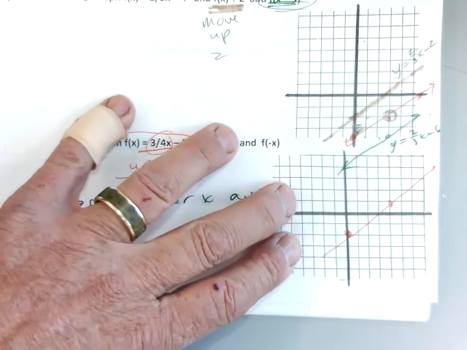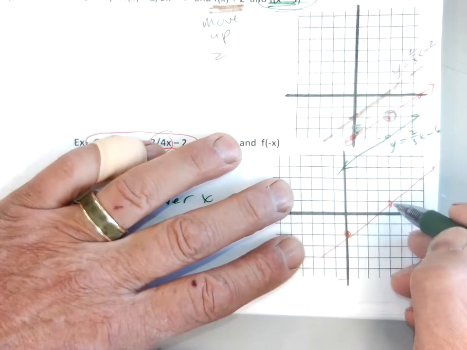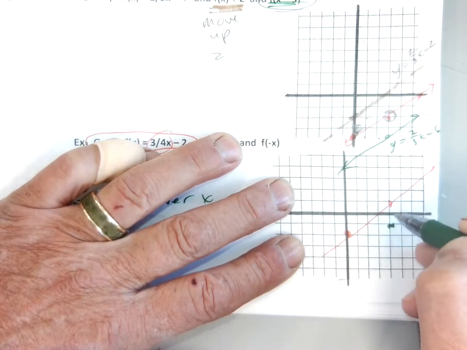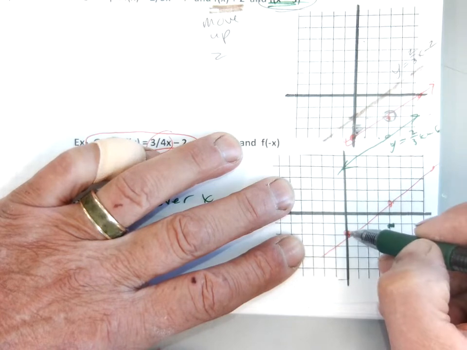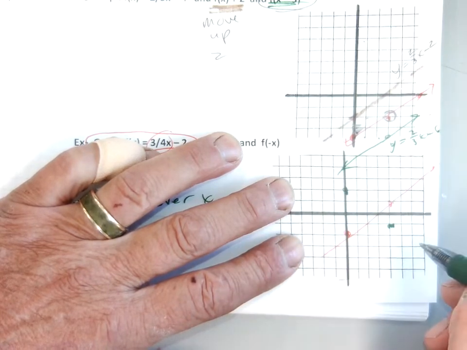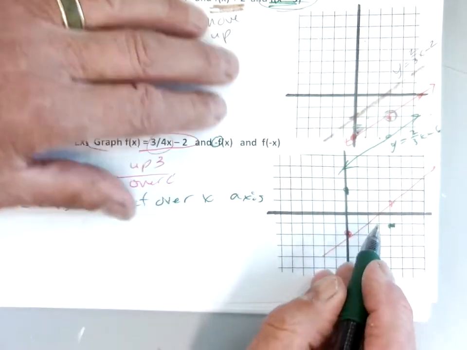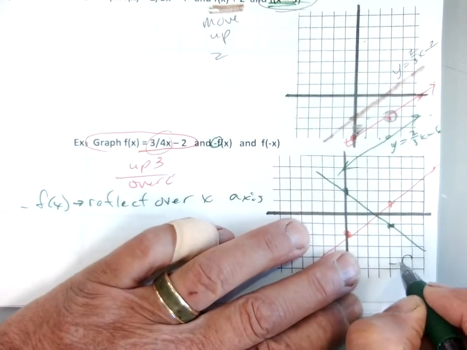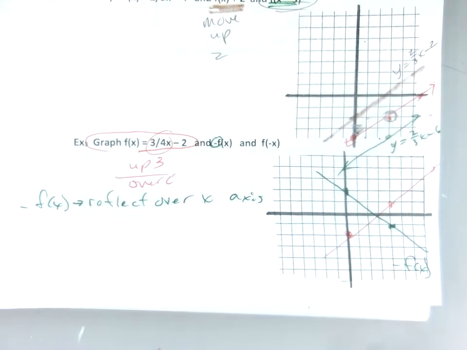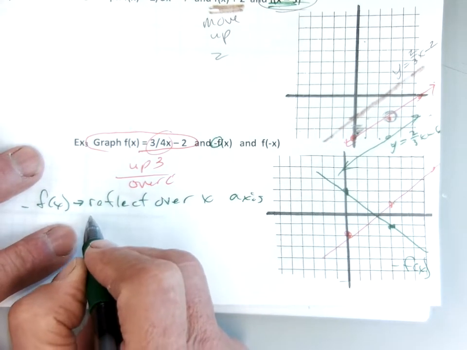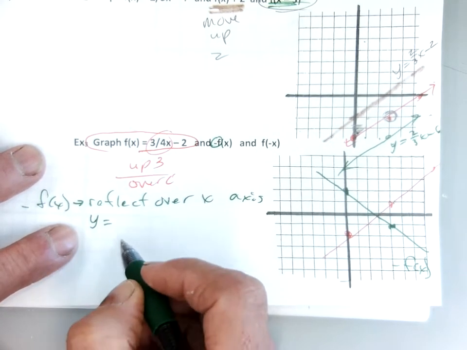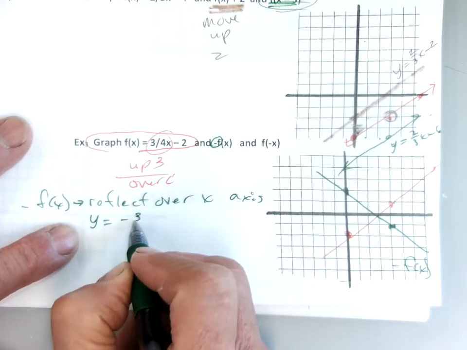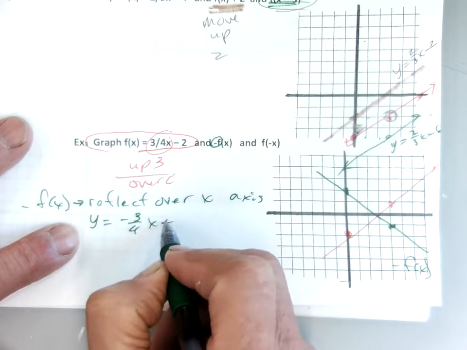So it would probably look like this. Everybody looking, this point right here would be there, wouldn't it? This point right here would be there. Can you see it? And I would just graph it in. That's my negative f of x. And the equation of that one would be y equals negative 3/4 x plus 2.